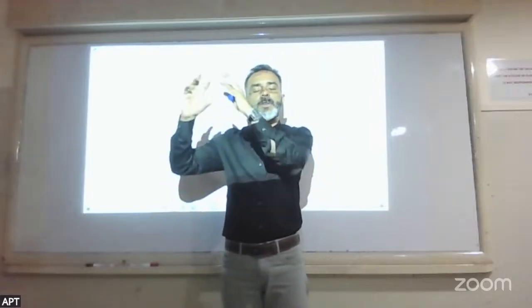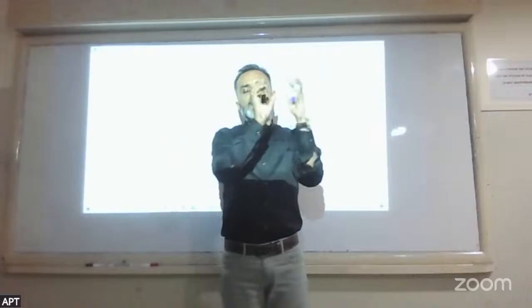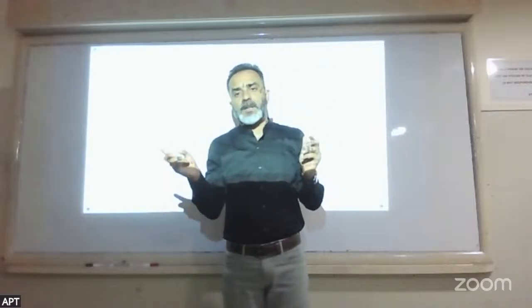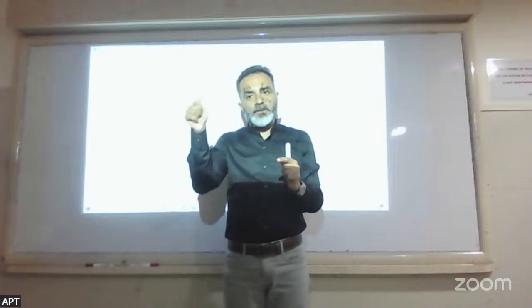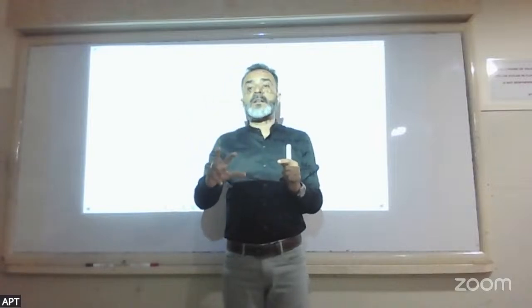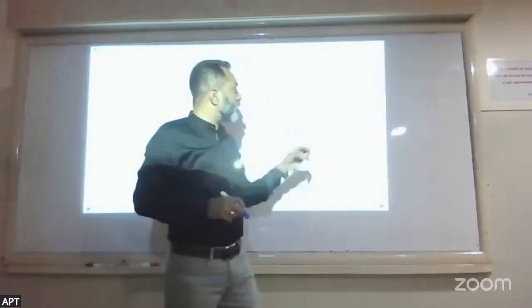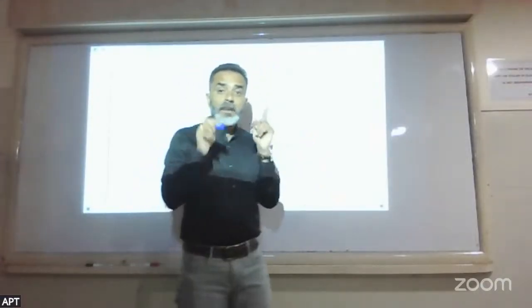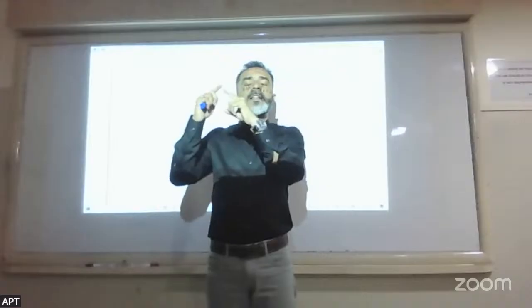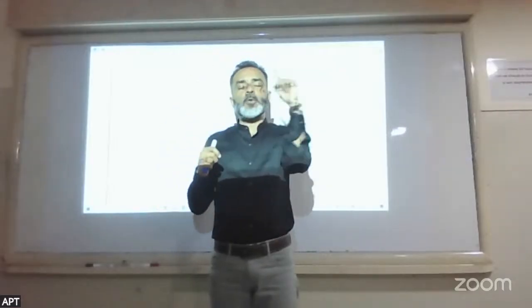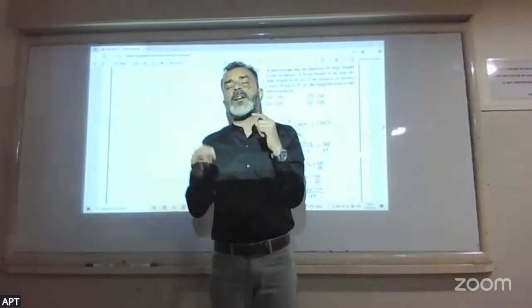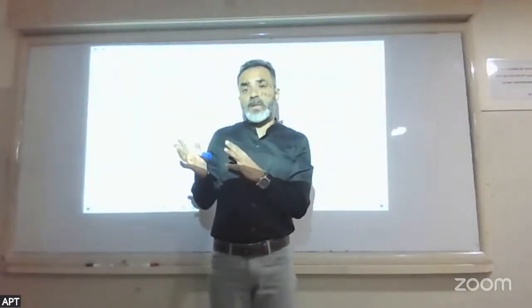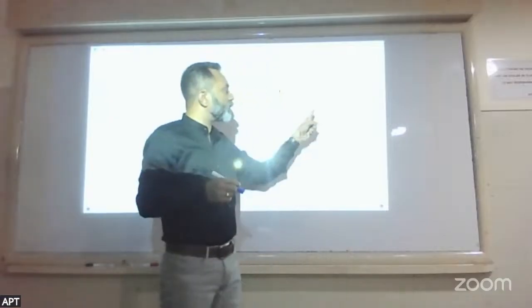So the magnifying power was VO by UO into 1 plus D by FE, because the image is formed at DD. Now here, when you actually use the method, you do the calculation for VO, UO, put it in the formula, and you get the answer 125. But for the same magnifying power, VO by UO into 1 plus D by FE, if you take the approximation, instead of VO by UO, L by FO, which is given in some of the books, then the answer comes out to be 150.